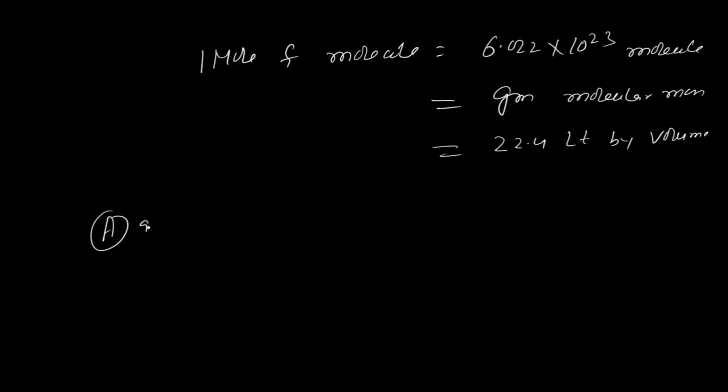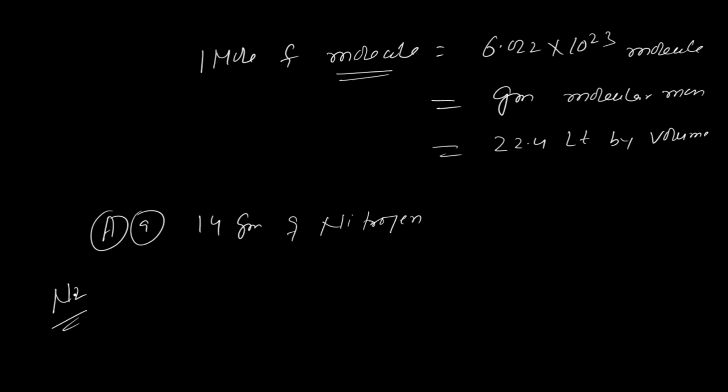The first question is: what will be the volume of 14 gram of nitrogen? Have a look here. 1 mole of nitrogen molecule, we are talking about molecules, so always you will take the molecule.